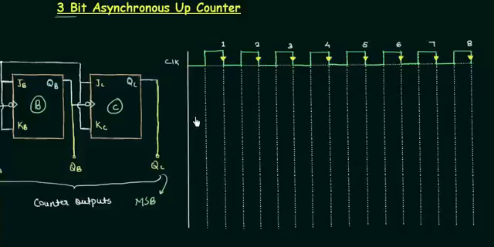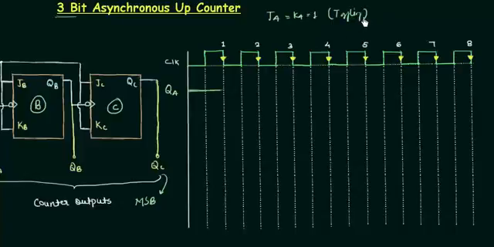So let's start with the output number 1, that is QA. So I have QA here, and initially it is 0 and it will remain 0 or low till this falling edge. And as the value of JA and KA is equal to 1, we have toggling.